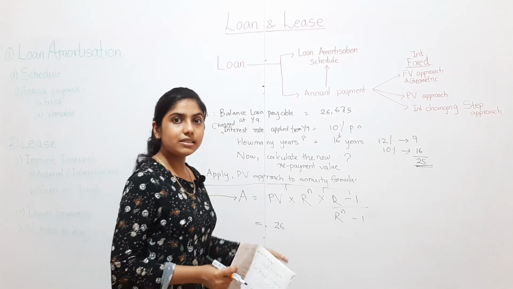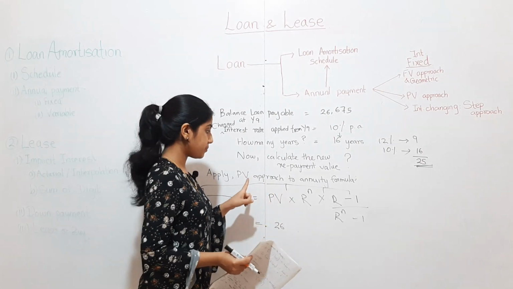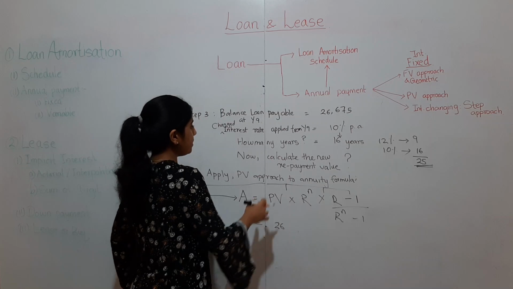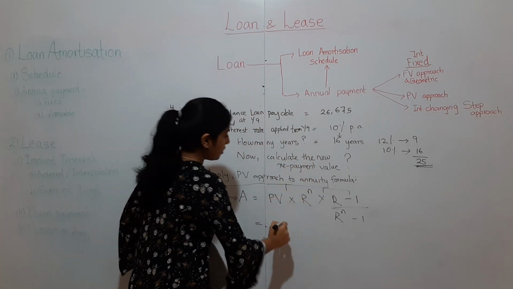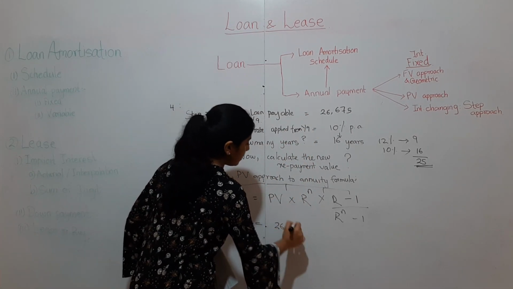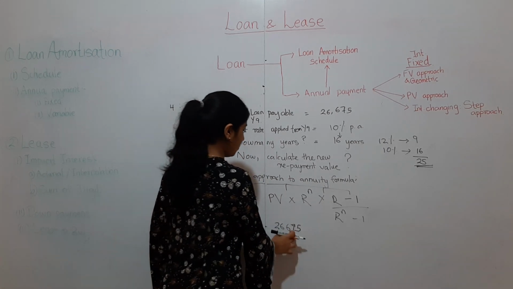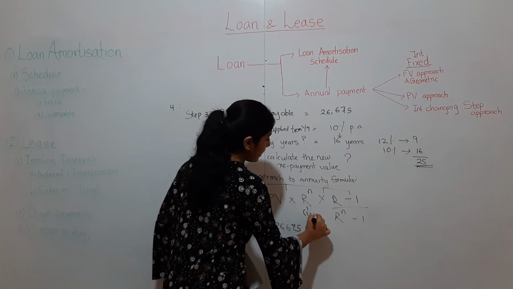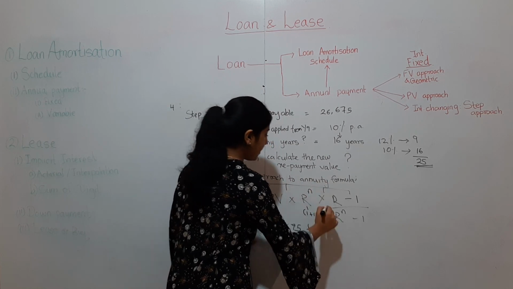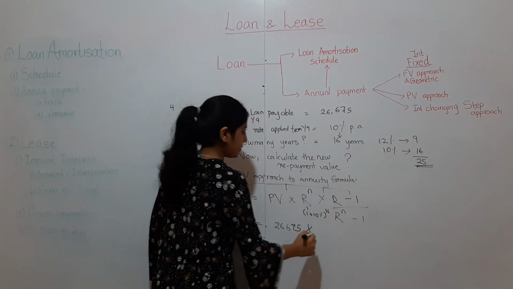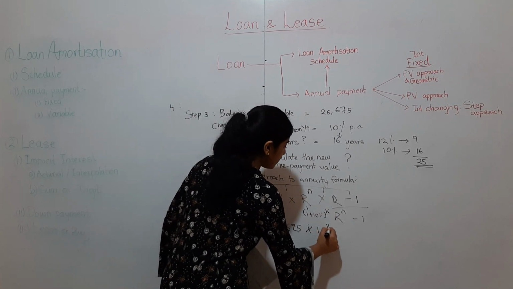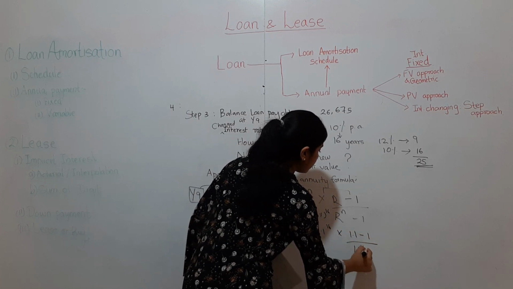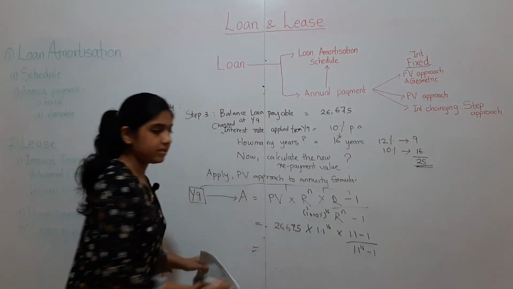Hence, the starting value of the loan for this step 4 will be step 3's answer, 26,675, the balance loan. Multiply by the changed interest rate, which is 10%, and n will be 16. So 1.1 to the power 16, minus 1, and so on. Calculate the answer.